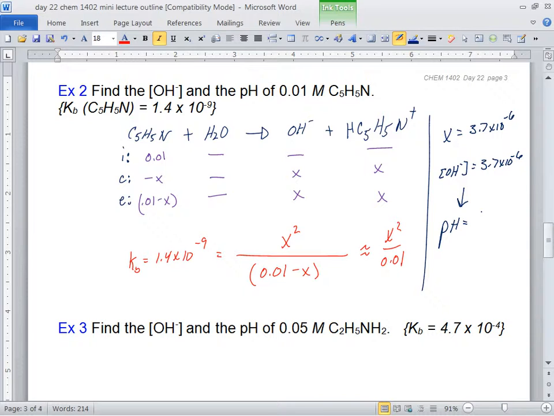What'd you get? 8.57? Well, yeah, but then you have to, X is for both OH and for the acids? Well, X is OH. If you wanted to mess with the acid, then you're going to have to do a whole Ka reaction. So no, we did a Kb reaction because we have a base. We know X is that, so we could show all of our steps. So that means POH.